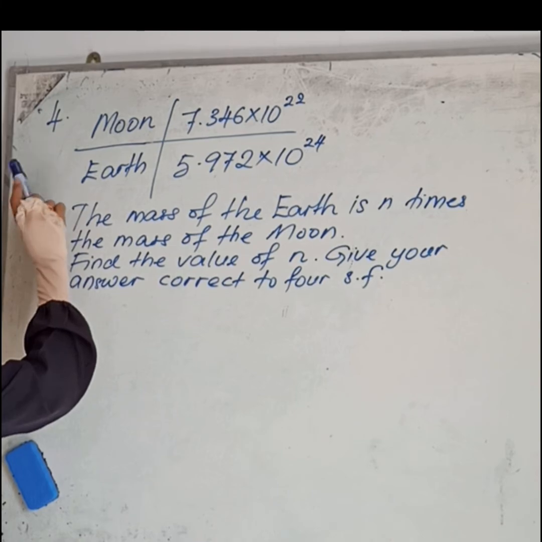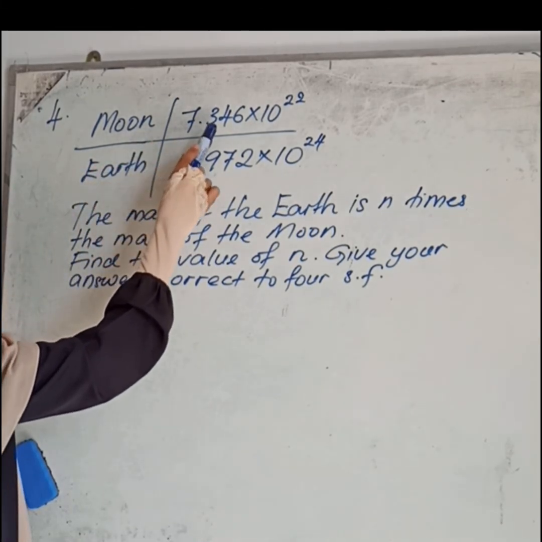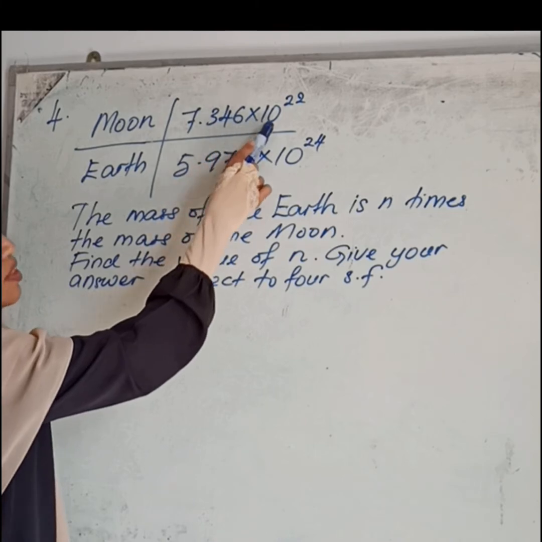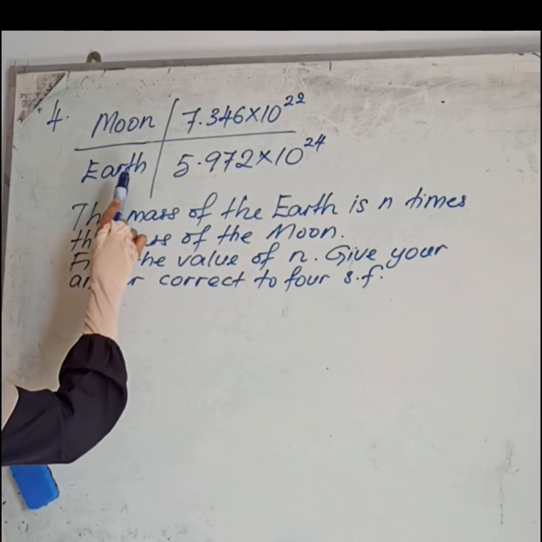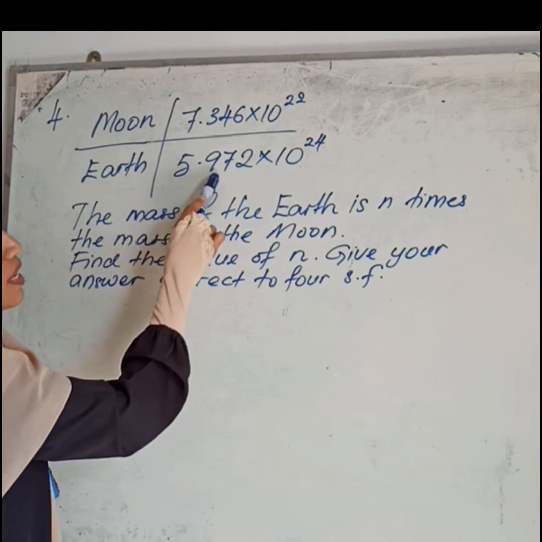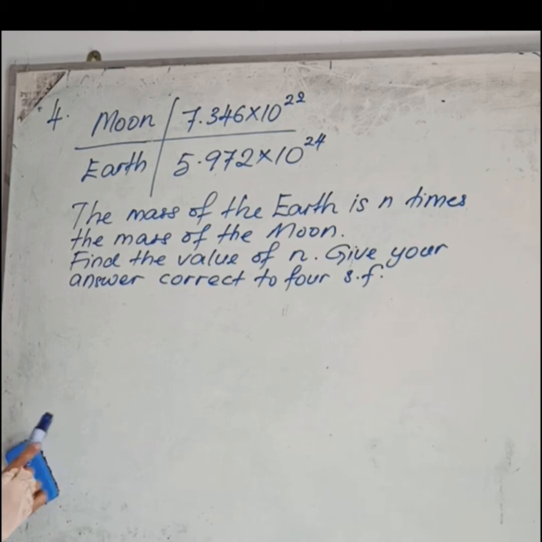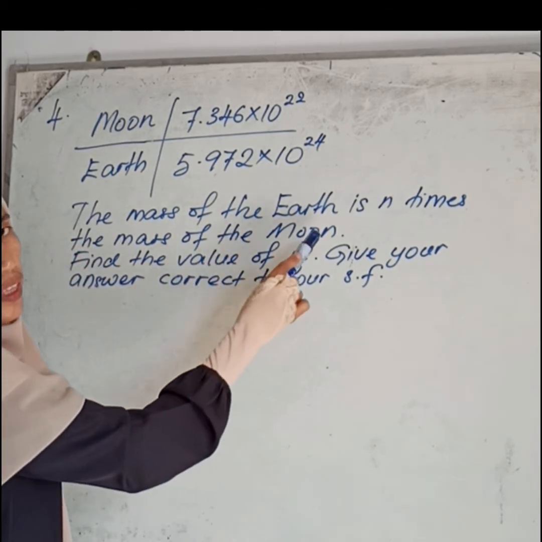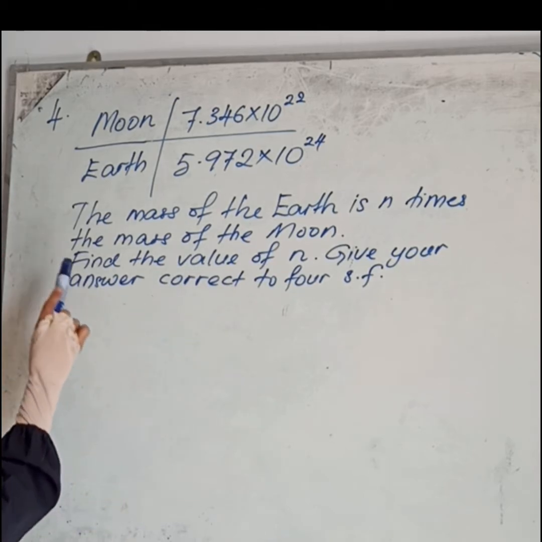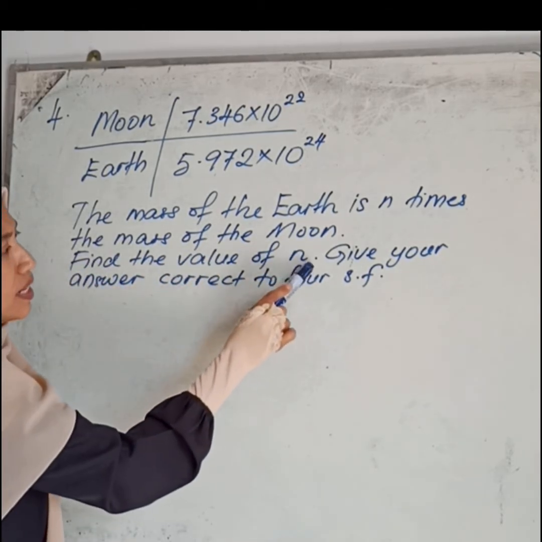Okay, number 4. Given the mass of the moon is 7.346 times 10 to the power of 22 and the mass of the earth is 5.972 times 10 to the power of 24. So given the mass of the earth is n times the mass of the moon, find the value of n.